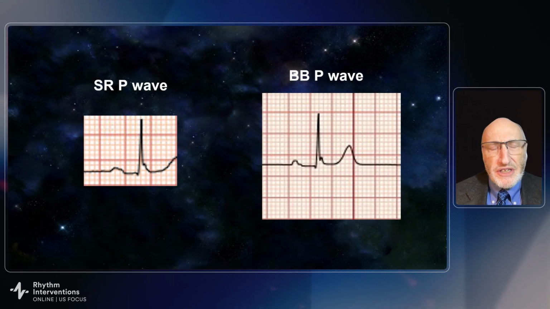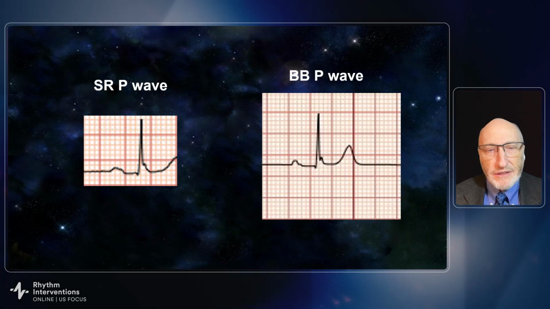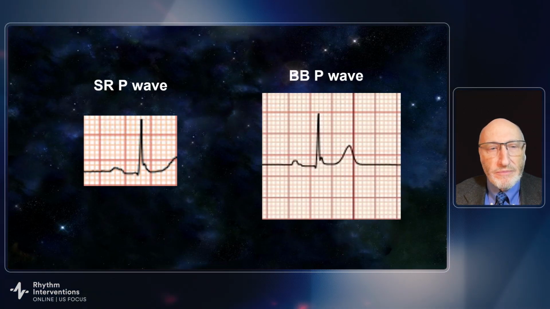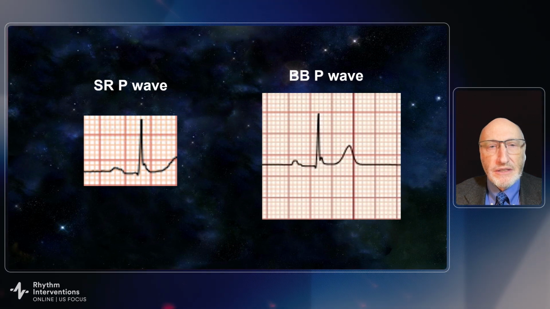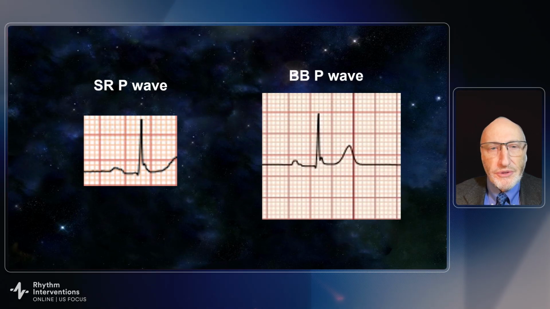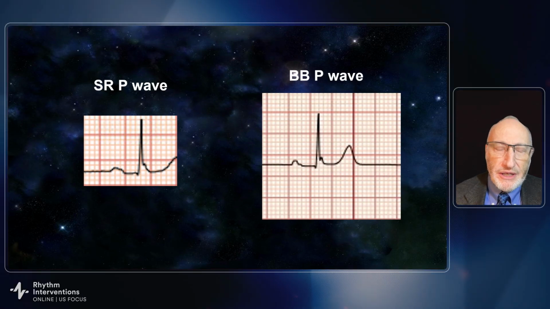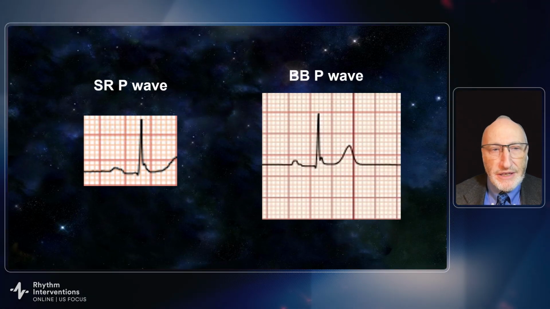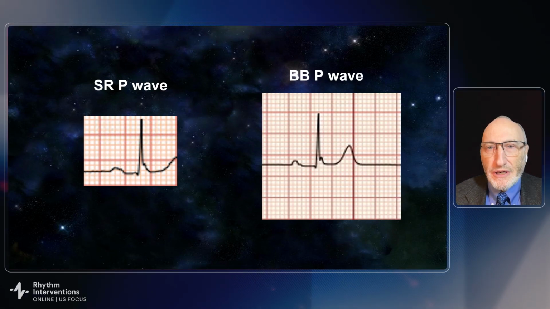And this is what one would expect, ideally. You can see sinus rhythm P wave on the left, and Bachmann's bundle P wave on the right. Those are lead 2. And I think you can appreciate the narrowness of the Bachmann, as well as the more rapid upstroke.